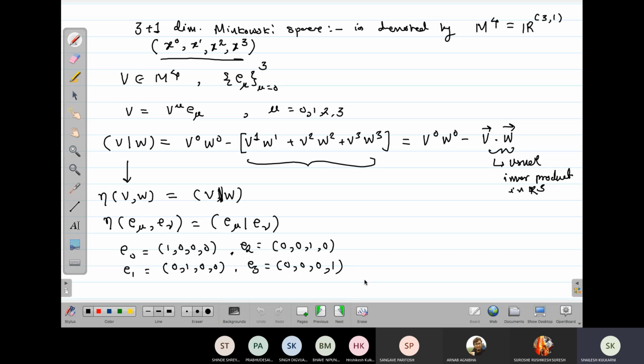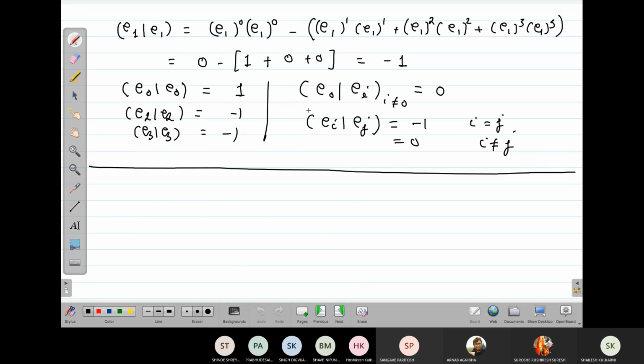See, this should act as your usual three vectors, right?